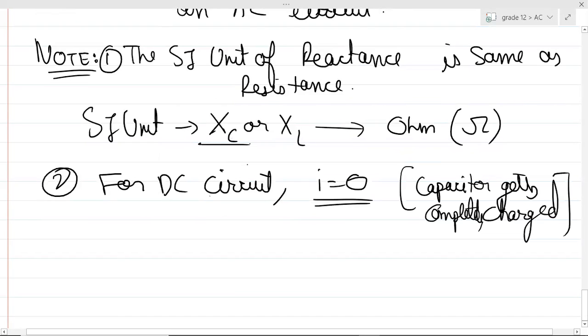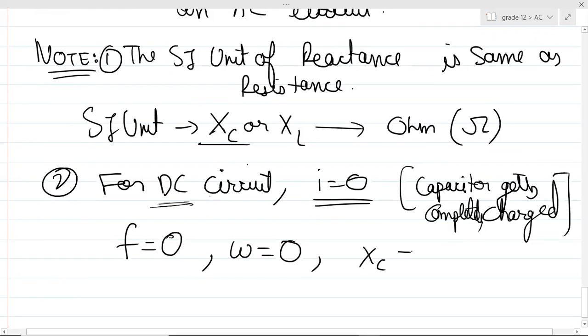We can explain with the help of XC as well. Now can anyone tell me for DC circuit what is the frequency? Does it oscillate? No. The frequency is zero. If frequency is zero, then omega is zero. If omega is zero, then what is XC? It's infinite.